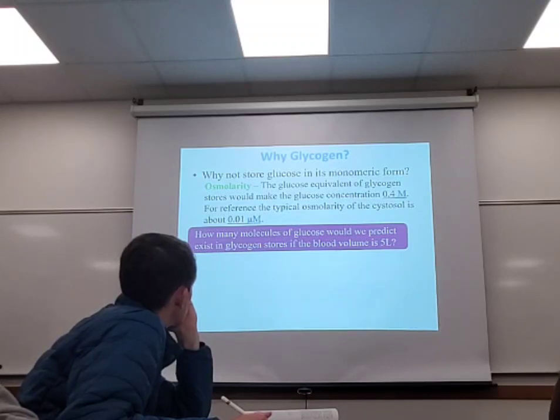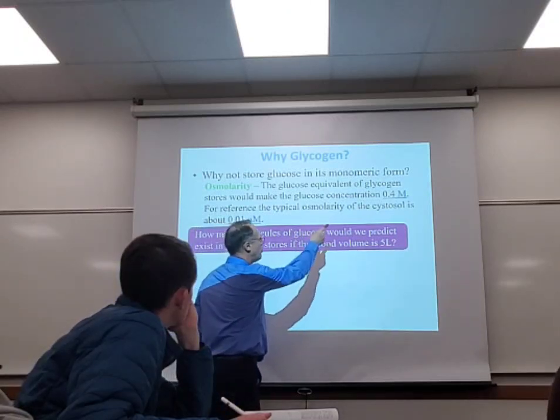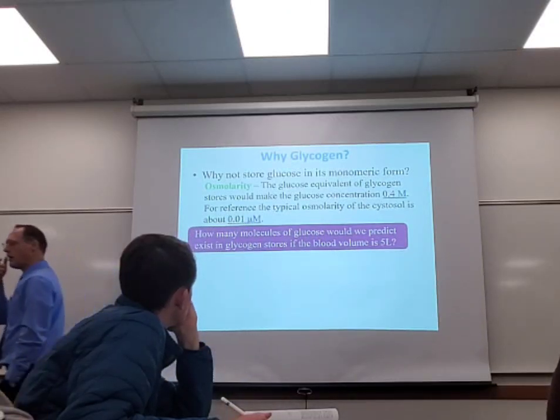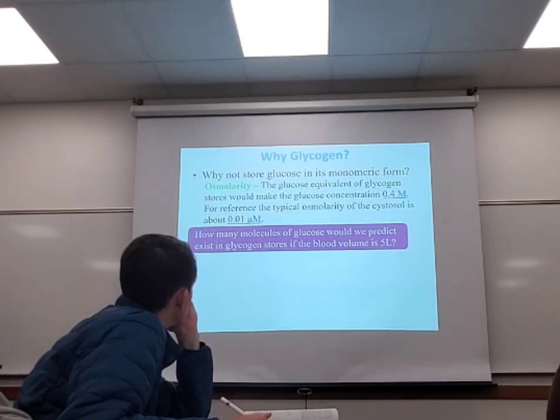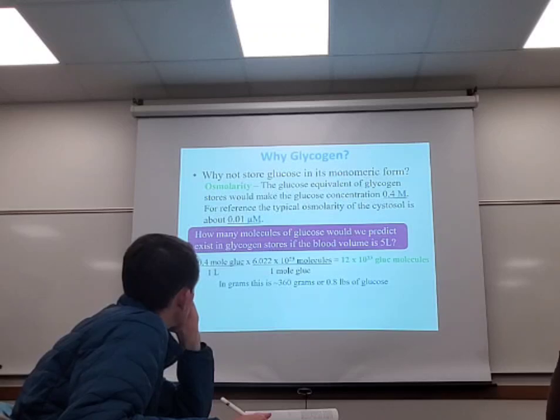Okay, so osmolarity is a big deal. How many molecules of glucose would we predict in the existing glycogen stores if the blood volume is 5 liters? Well, we just talked about that number. 0.4 molar means 0.4 moles per liter, and I've got 5 liters of it. That would tell me how many moles I have, and then I could figure out how many molecules using Avogadro's number.